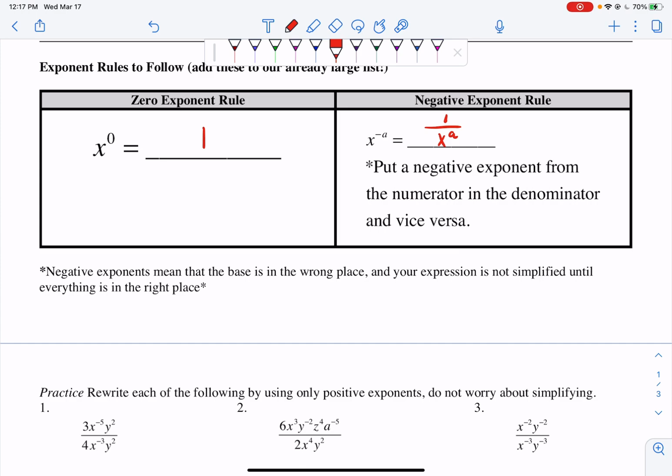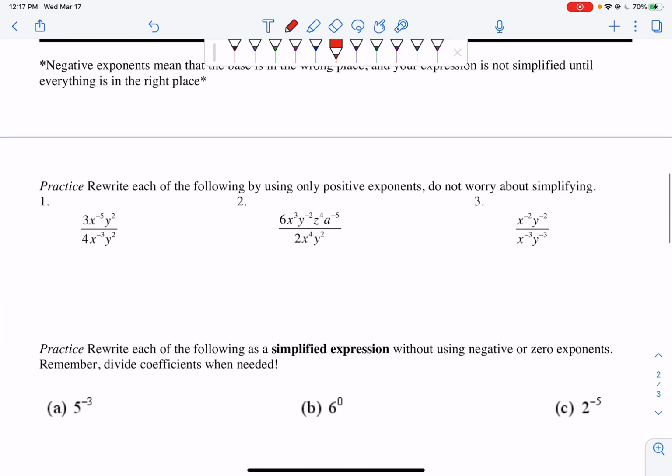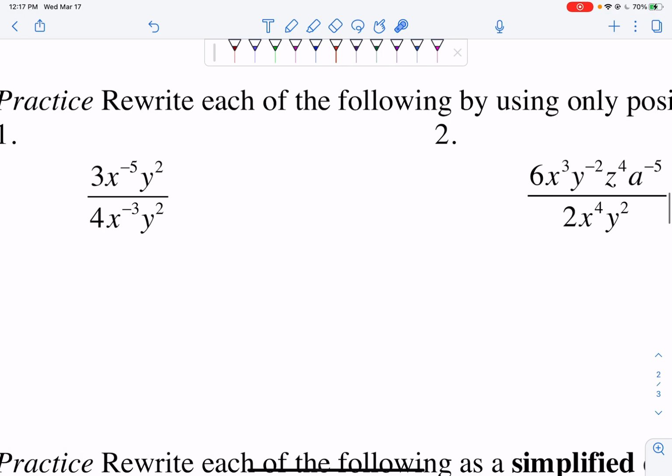So let's go on to this example. If you look, I have: rewrite each of the following using only positive exponents. Do not worry about simplifying. So we only care about our exponents. We don't care about our coefficients. So we care about our x to the negative 5, our x to the negative 3, and our y squared.